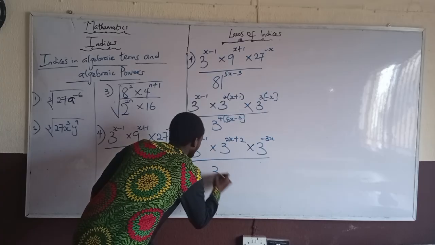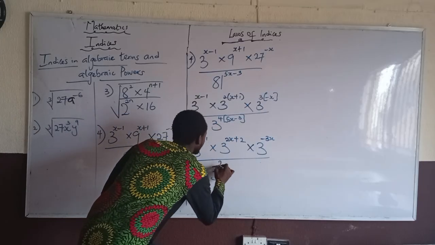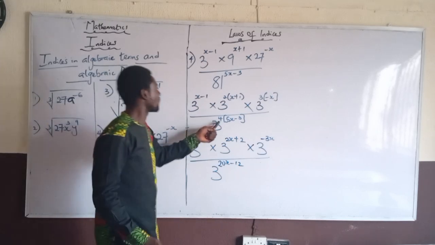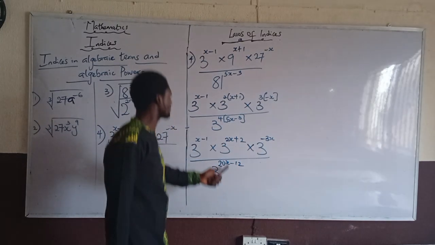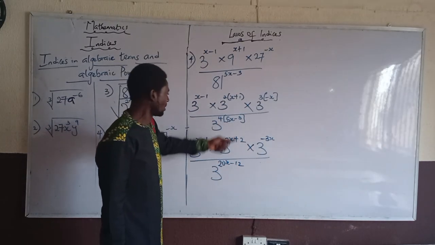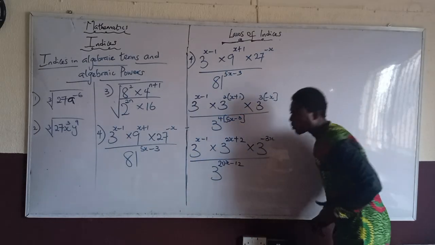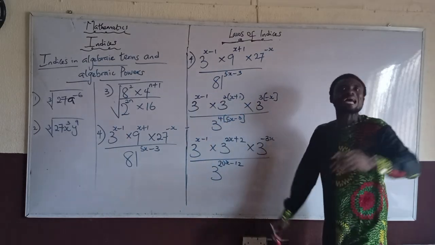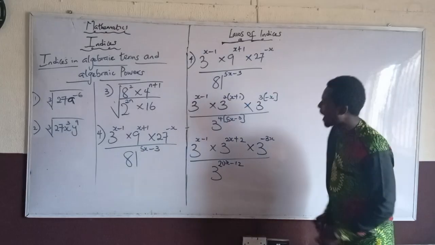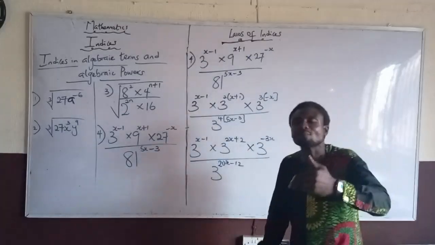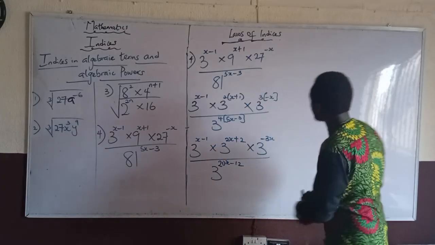Divided by 3 raised to power 20x minus 12. How did I get that? 4 times 5x, 20x. 4 times minus 3, minus 12. So from the numerator, I will pick 1 and add the power. Why? Because I have the numbers in the same base and I have multiplication between the numbers.